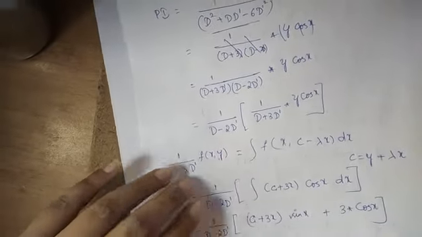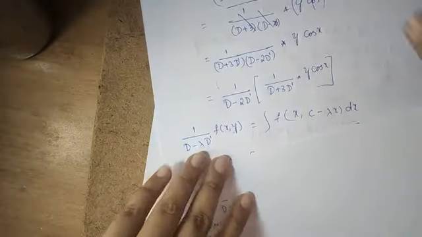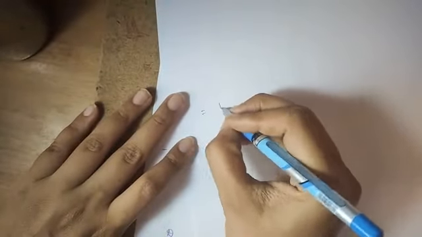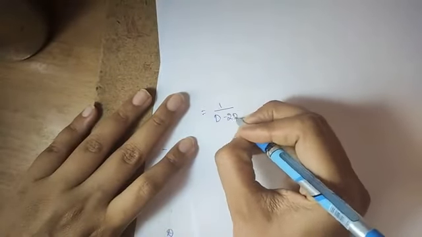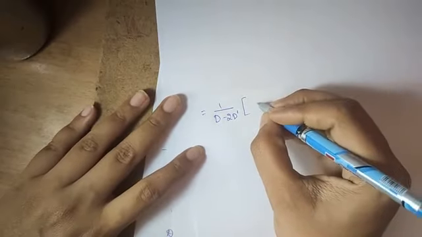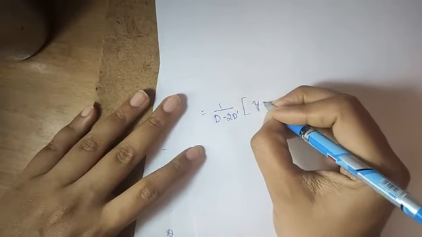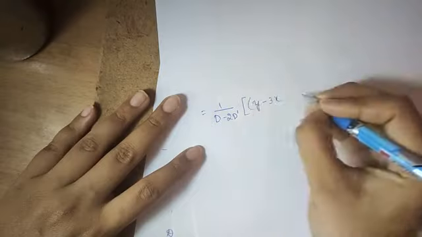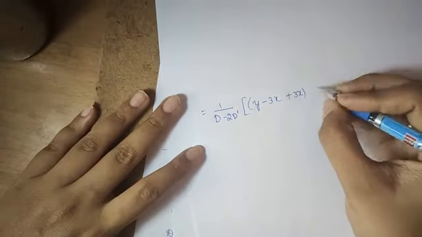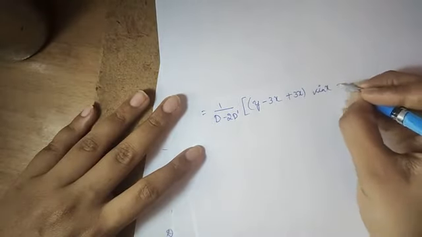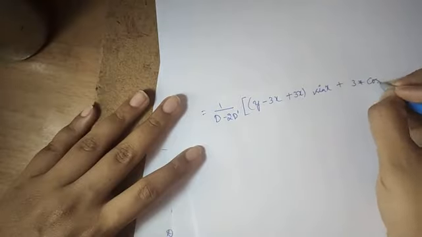So let's substitute the value of c now. 1 over D minus 2D dash as it is. C value is now y minus 3x plus 3x as it is into sin x plus 3 into cos x.